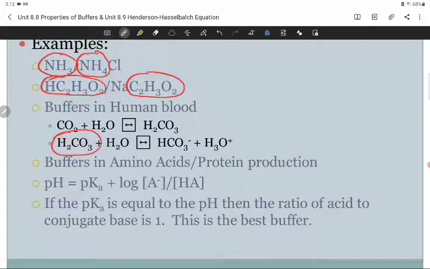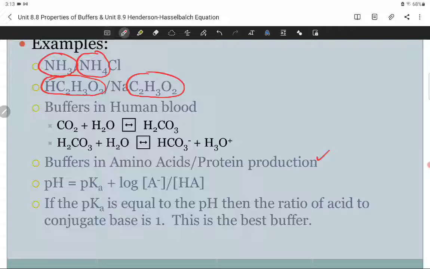Let's talk about carbonic acid and then bicarbonate. That would be a really nice buffer. So this is your HA and this is your A minus. There are lots of buffers as you get further on in biochemistry or organic chemistry that you might investigate.